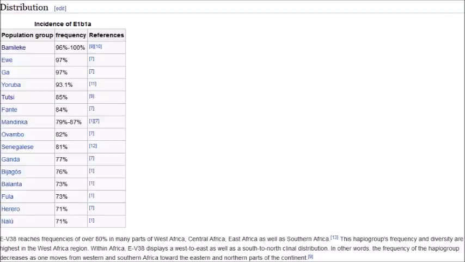Within Africa, EV38 displays a west to east as well as south to north clinal distribution. In other words, the frequency of this haplogroup decreases as one moves from Western and Southern Africa toward Eastern and Northern parts of the continent. And that makes all the sense in the world.